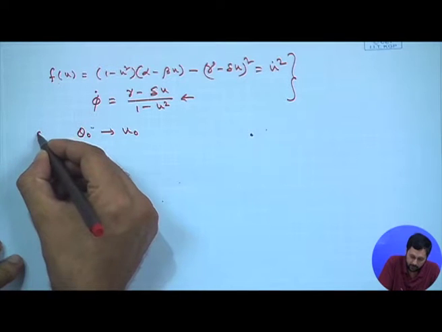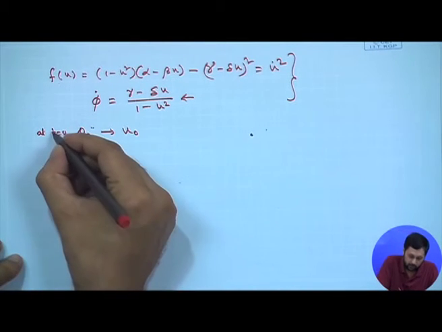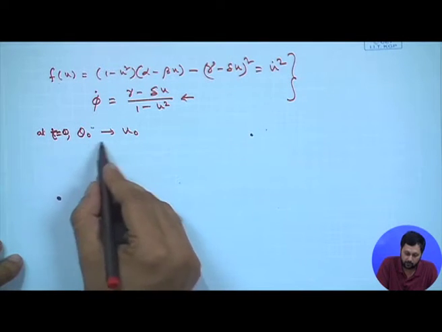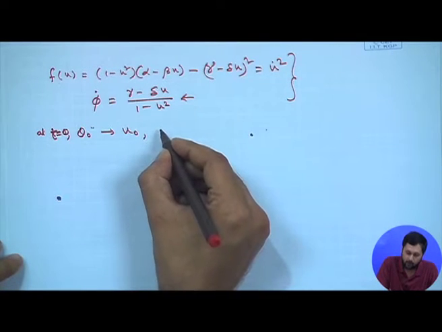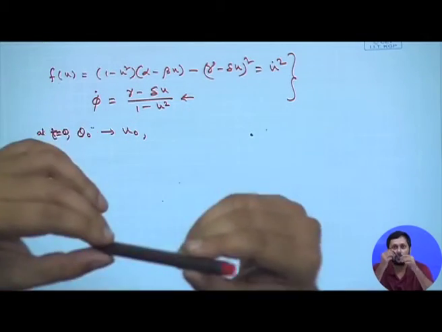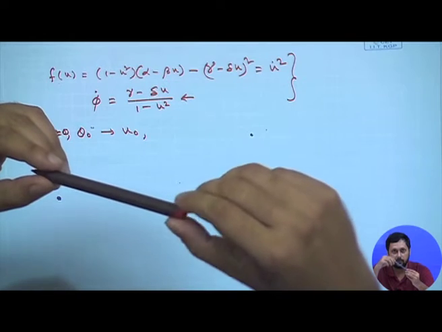So, at t equal to 0, theta equal to theta 0, which corresponds to u equal to u 0. When we are releasing, let us assume that the axis of the top is rotating. So, it is spinning, of course. If there is no spin, there is no motion.